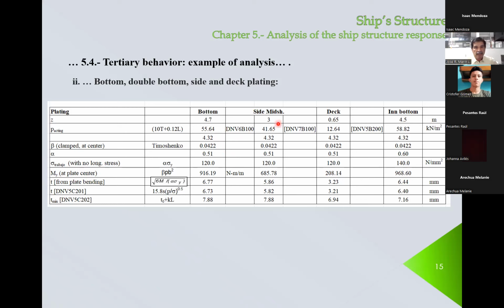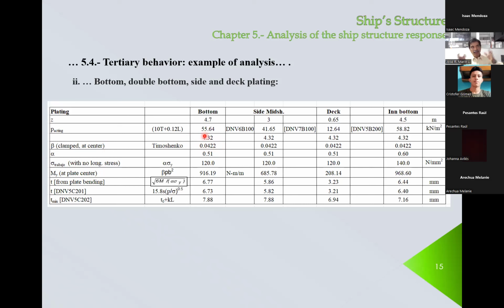With this aspect ratio, we use the Timoshenko solution, and so we get the beta value for a clamped plate evaluated at the center, and this is the value that we obtain.